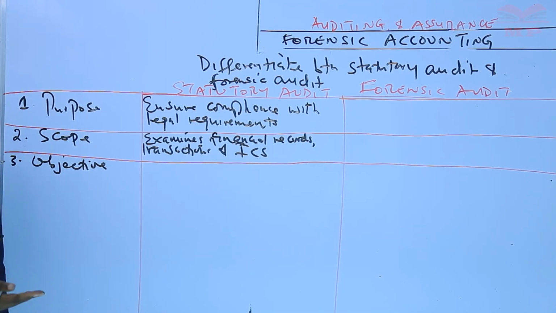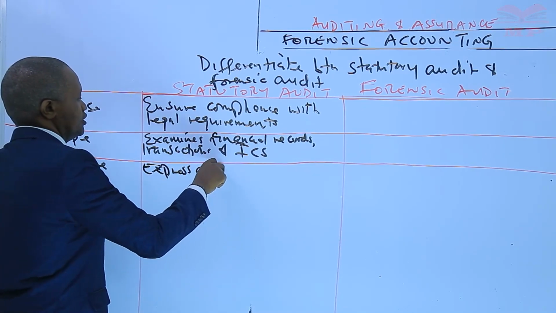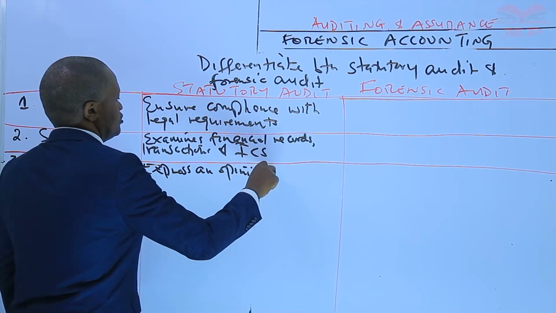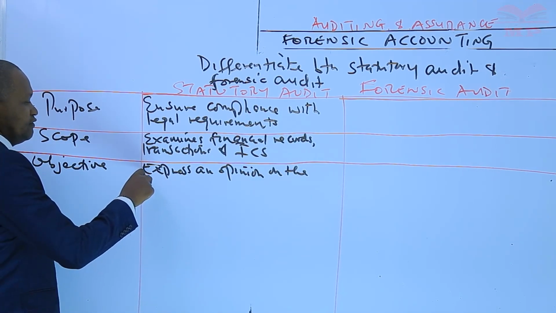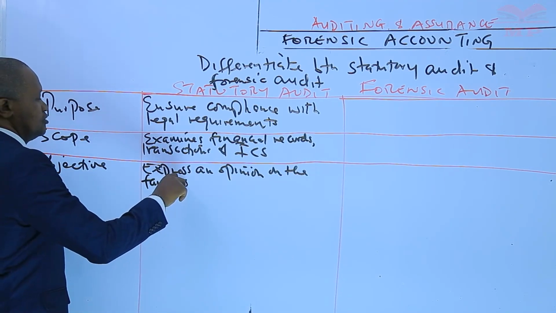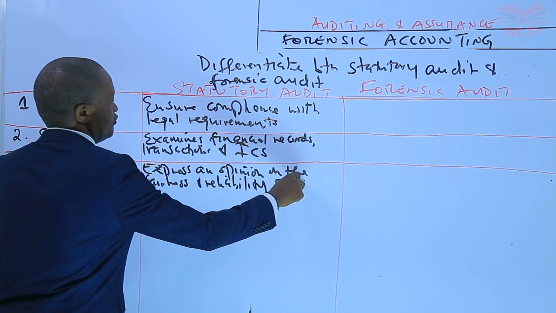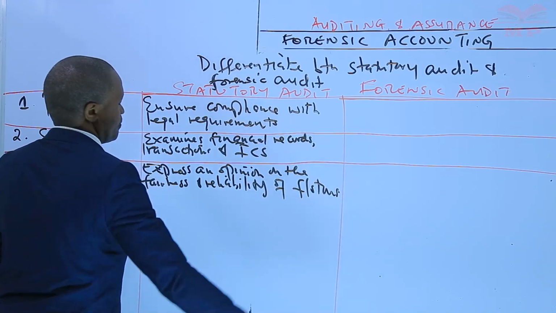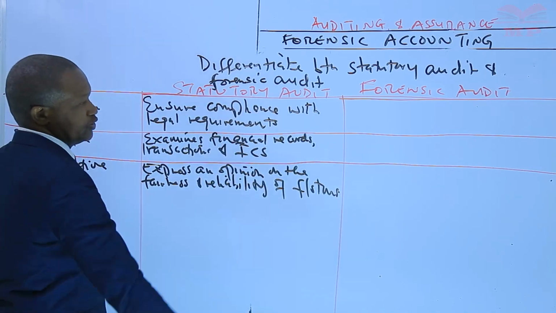The main objective of a statutory audit is to express an opinion on the fairness and reliability of the financial statements. That is not the objective for forensic audit.